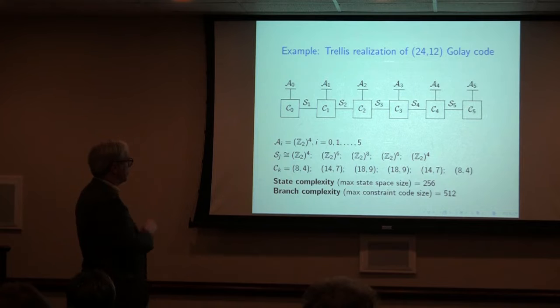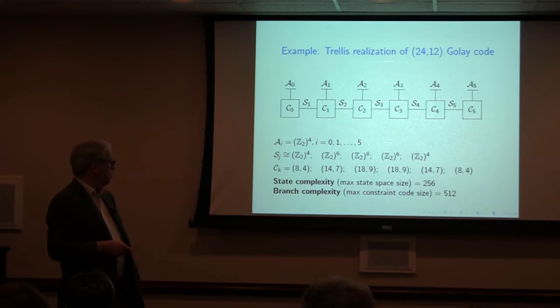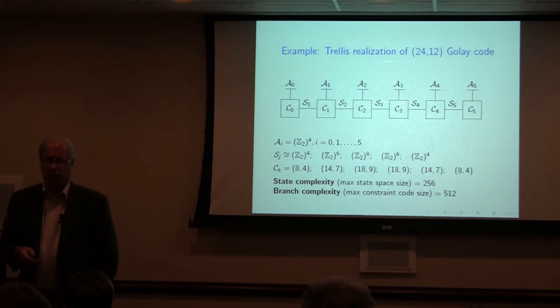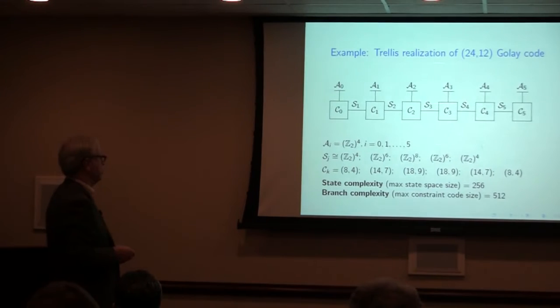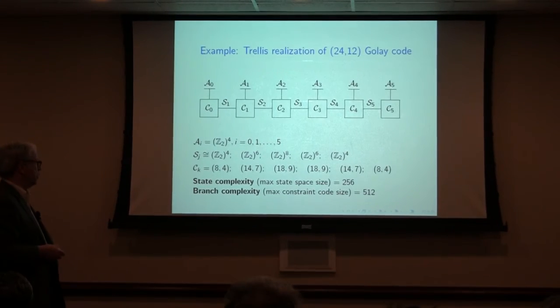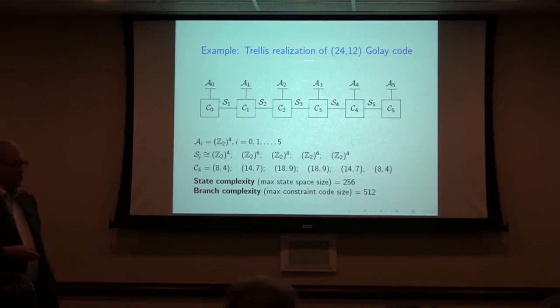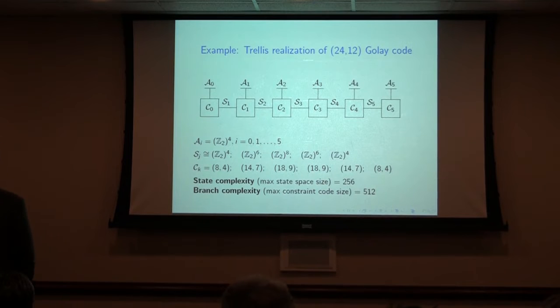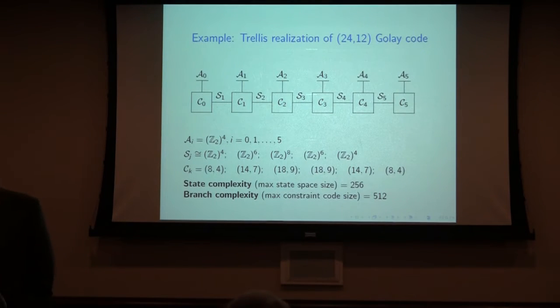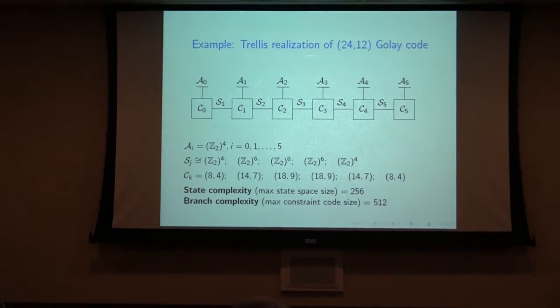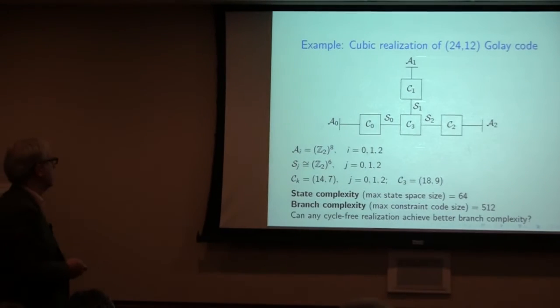All right, so we say this is a 256 state trellis representation of the Golay code because the largest state space has size 256. For decoding complexity, a better measure is the branch complexity, which is the largest size of any constraint code, and that's 512. And it's known that you cannot improve on that with a trellis representation.